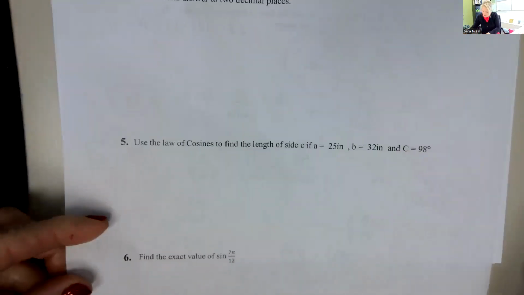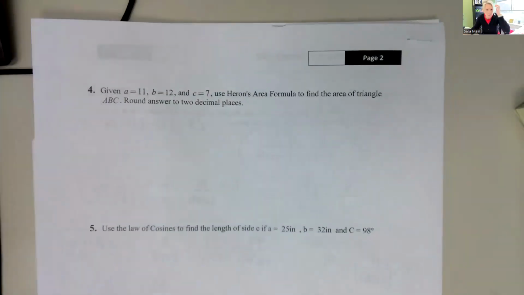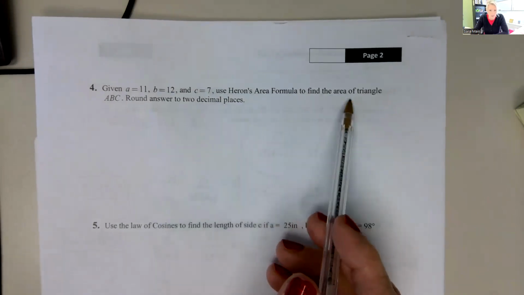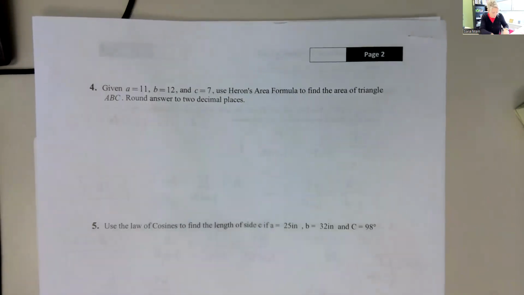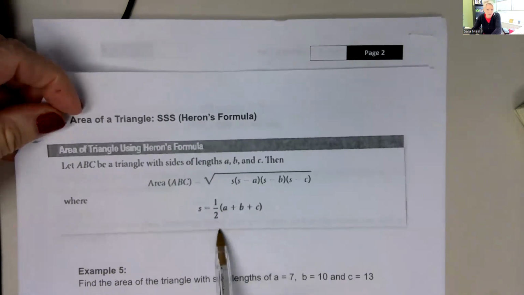Okay. Let's look at question 4. It said, given A is equal to 11, B is 12, and C is 7, use Heron's area formula to find the area of triangle A, B, and C. So I'm still in 7.2. And here I am, I'm using this formula here.